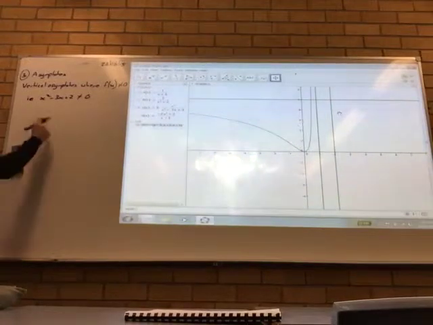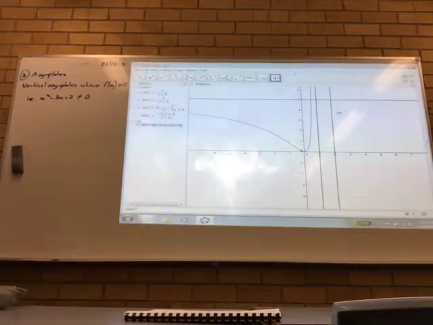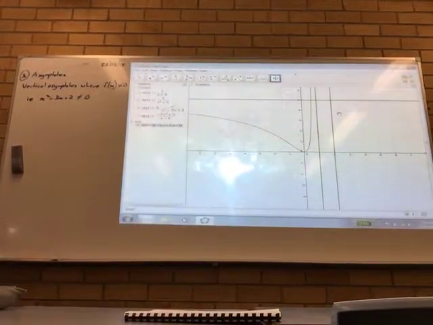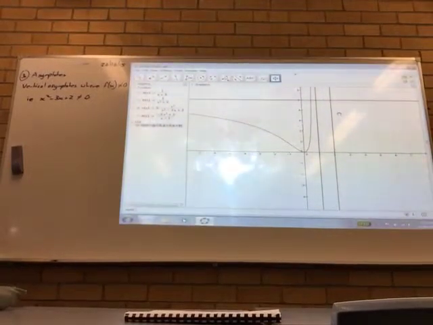So we factorise that. Plus or minus 2. x take away 2, x take away 1.